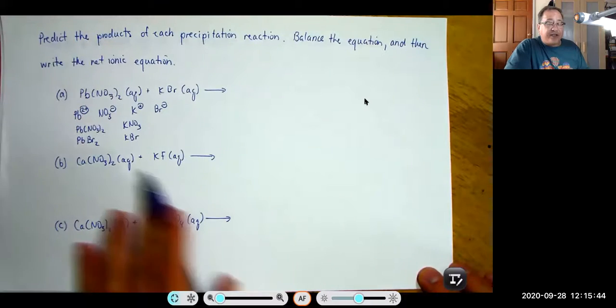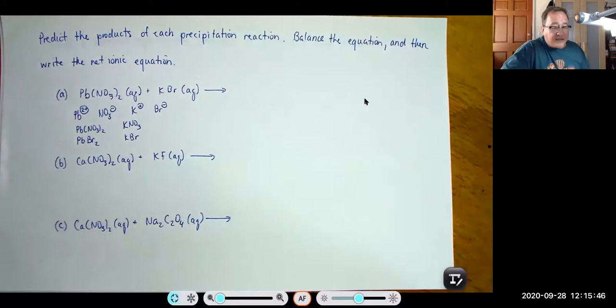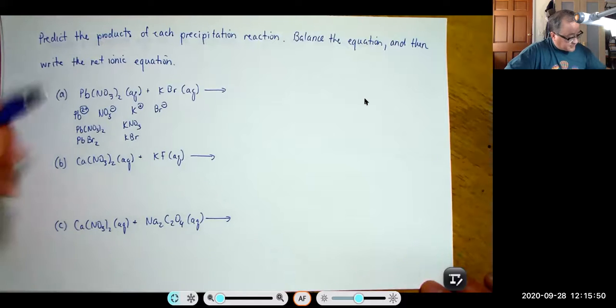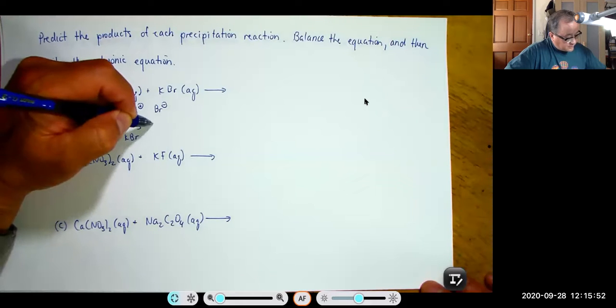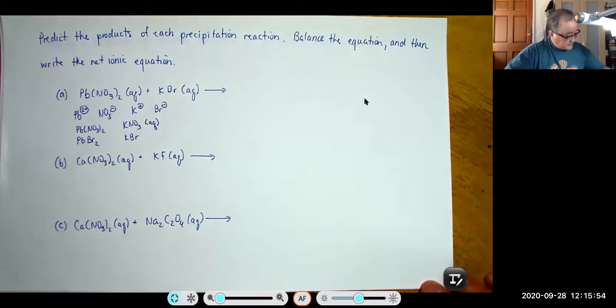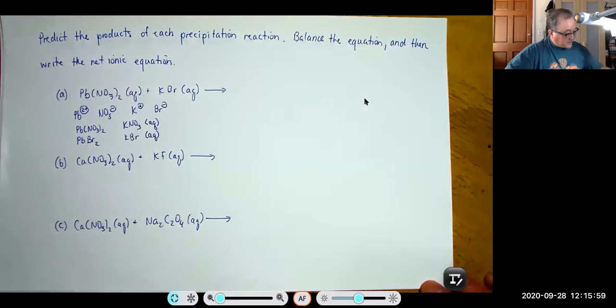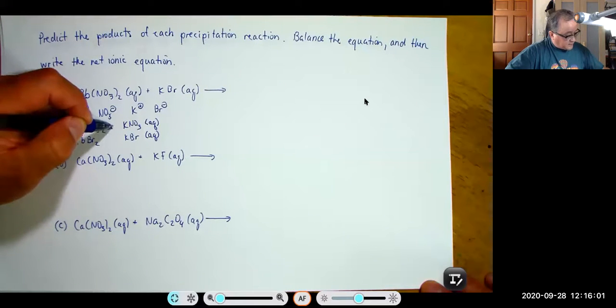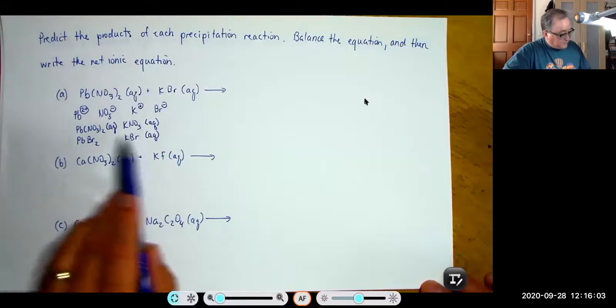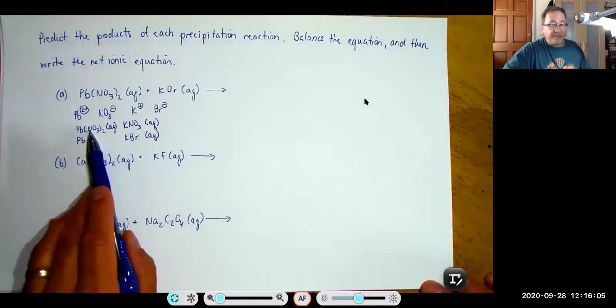And you look at each of these and ask yourself, according to the solubility rules, which ones are soluble? This one is soluble, so it would be aqueous. This one is soluble, so it would be aqueous. This one is soluble, and it would be aqueous. Now, why is each of these soluble? This one, because it has the nitrate.